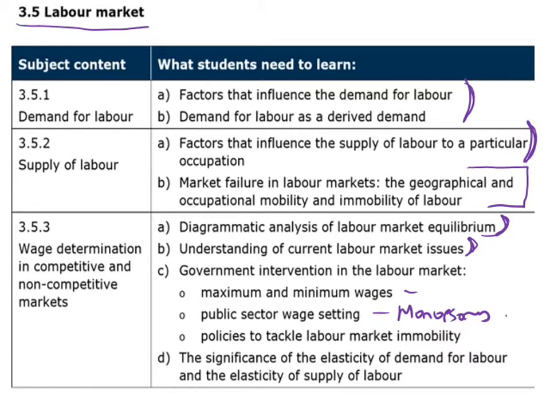So looking first at the factors that influence demand for labour. The key first part in terms of demand is that labour is a derived demand, so it's caused by the demand for goods and services.